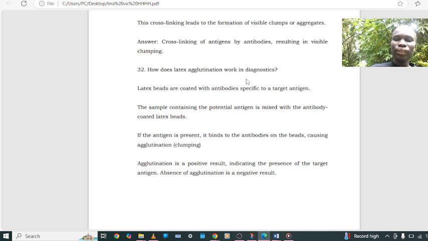Agglutination is a positive result indicating the presence of the targeted antigen, while absence of agglutination is a negative result. Once you do your reaction, with a positive result there will be agglutination. If it is a negative result, agglutination will not occur. So this is the meaning of latex agglutination and how it works in the diagnosis of antigens and antibodies.